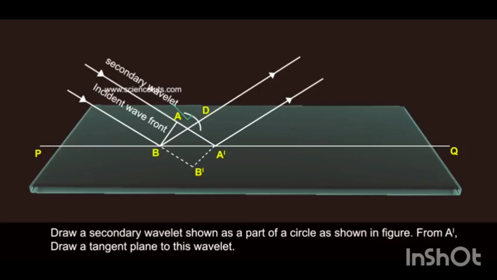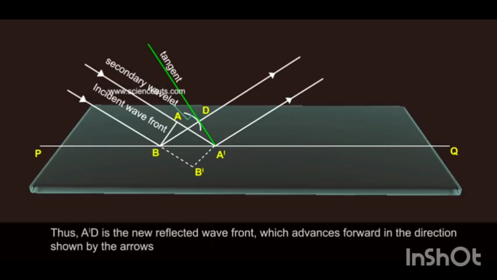From A', draw a tangent plane to this wavelet. Thus, A'D is the new reflected wavefront which advances forward in the direction shown by the arrows.